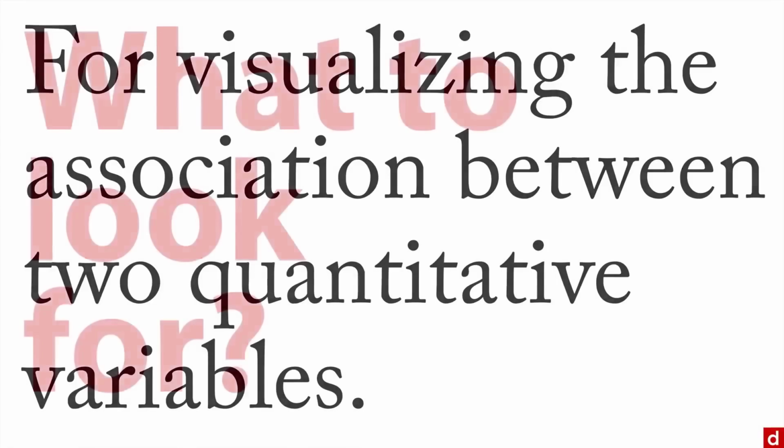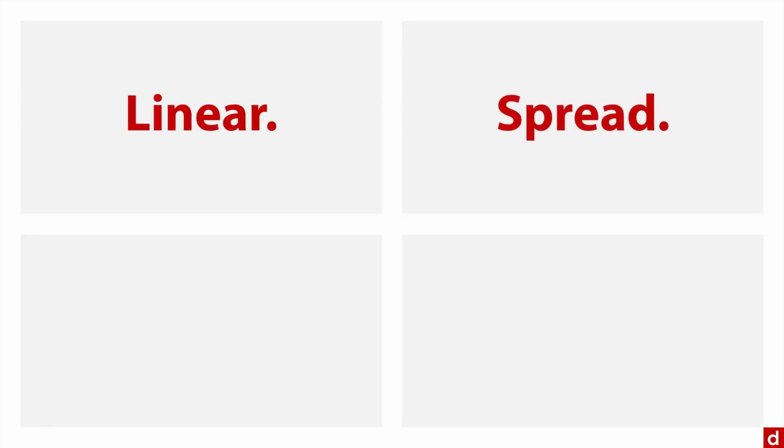When you make a scatter plot, there are some things you should look for, and in case you're wondering what they are, they include, for instance, whether the association between the two variables is linear, because a lot of the procedures that are common assume that you can draw a straight line through the data. You want to check the spread of the data, especially whether the spread changes as you go from left to right on a scatter plot.